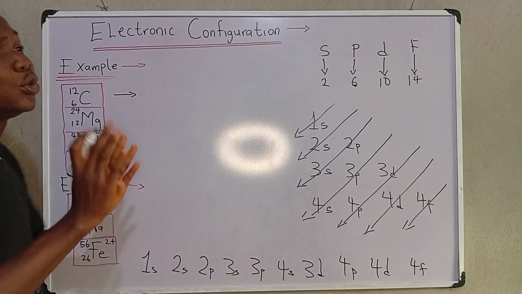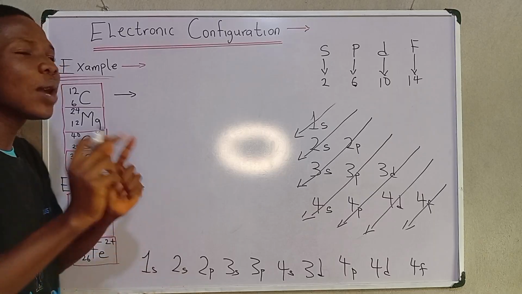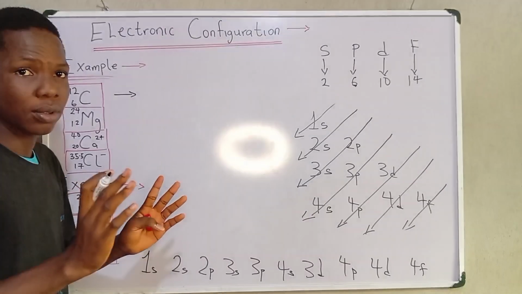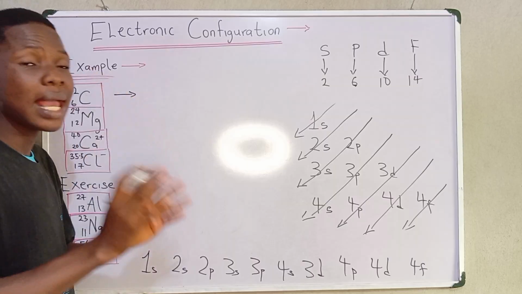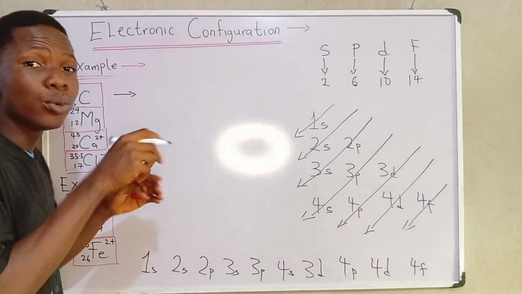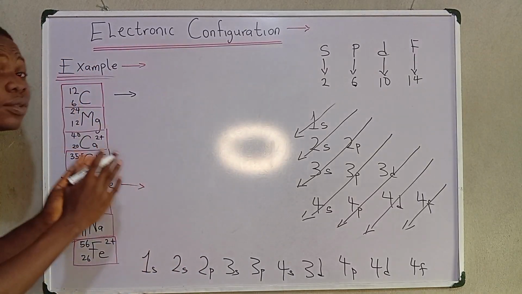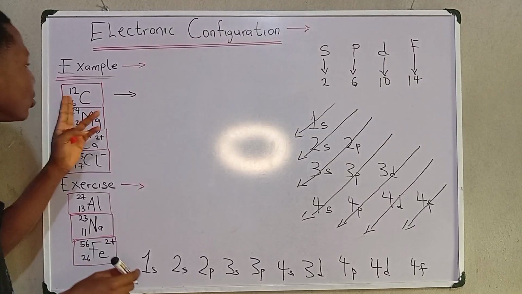The only thing we need is the number of electrons. And now there's one thing we have to know. In a neutral atom or element, not an ion, the number of protons is the same as the number of electrons. So if we have 10 protons, we also have 10 electrons. So now on that note, how are we going to write this?